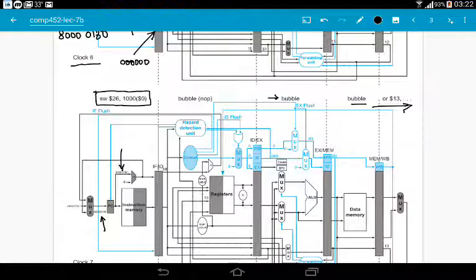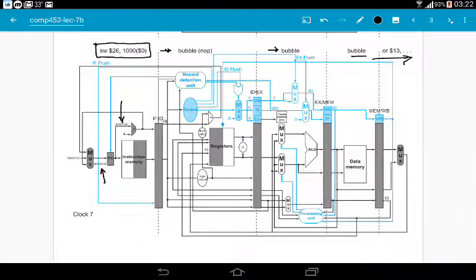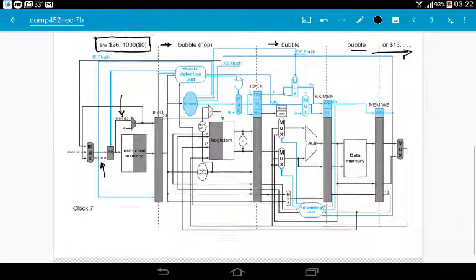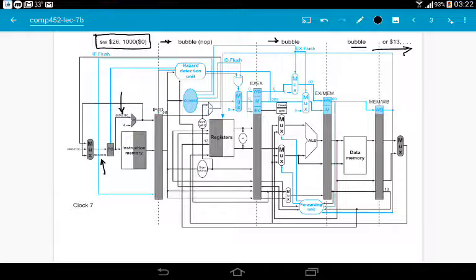After that this bubble will leave, then this bubble will leave, and then the pipeline will be filled with instructions of the exception handler. And after handling the exceptions, it is up to the operating system to decide whether to kill the program or to restart the instruction, or whatever is the policy, it will be followed.